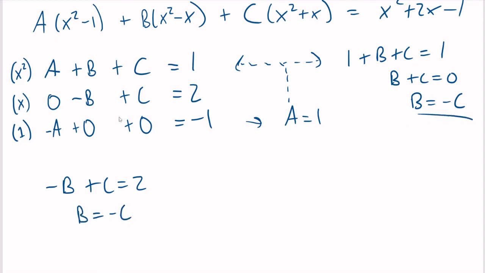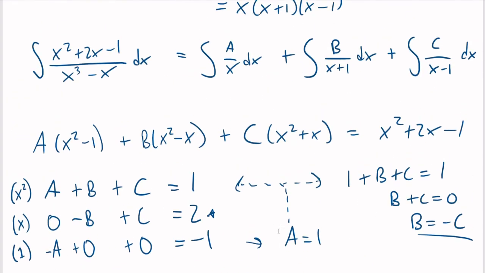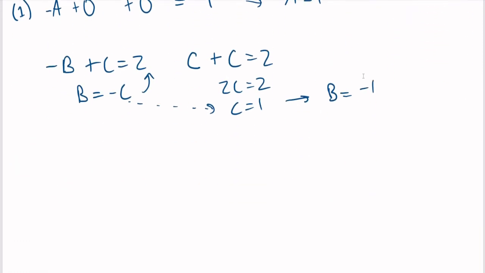Okay, so then let's plug in. B is negative C, which means that C plus C equals 2, 2C equals 2, C equals 1. That tells me from this equation that B equals negative 1. So 1, negative 1, 1.